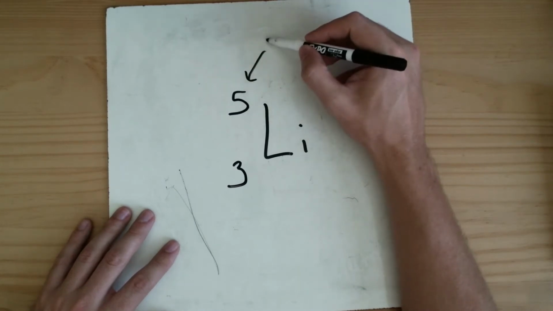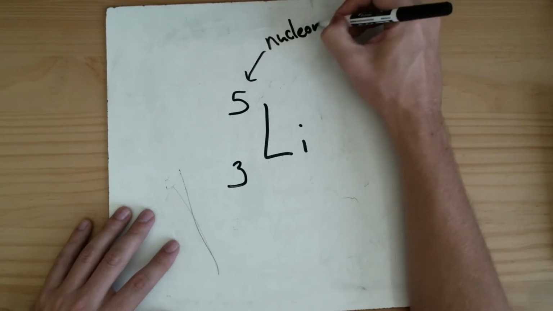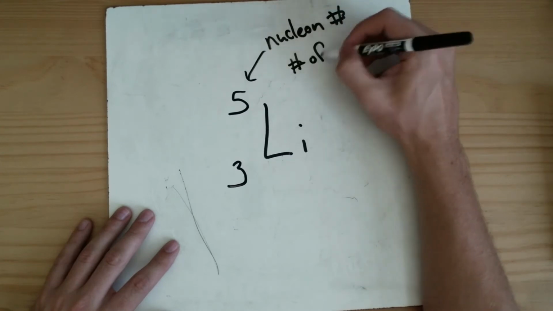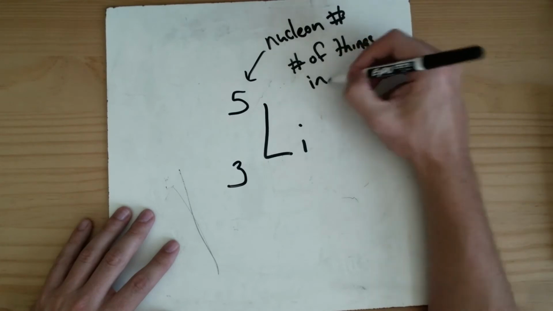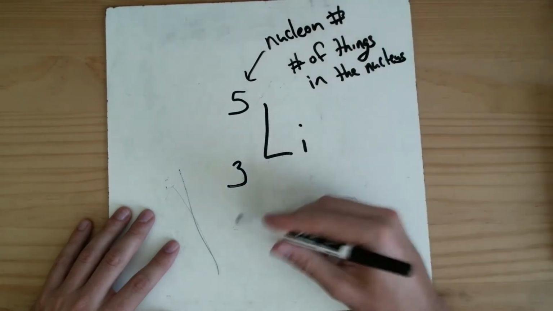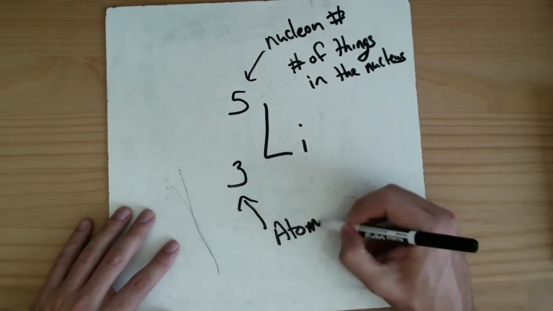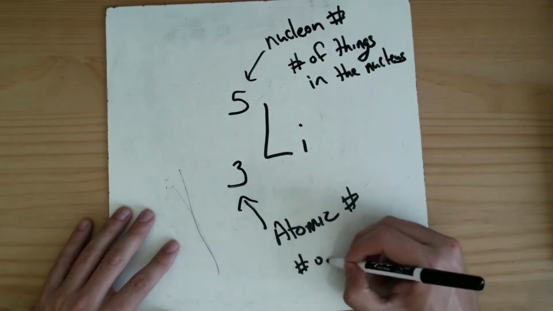So this number is called the nucleon number. And it's basically the number of things in our nucleus. This down here is what's called the atomic number, and this tells me my number of protons.